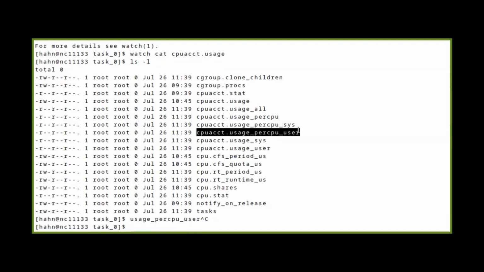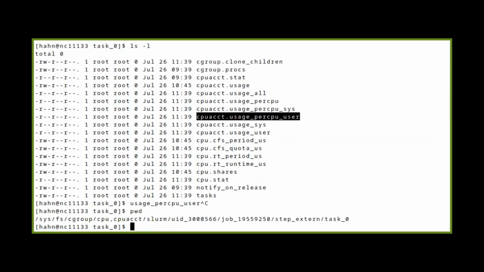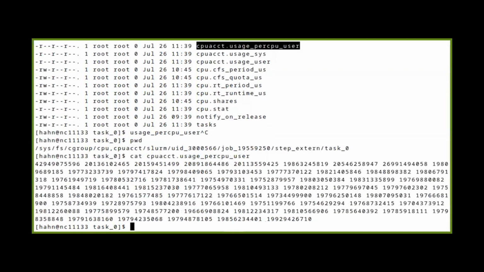So if you navigate to this terrible path, which, as you see, encodes your user ID, the job ID, and the step, as well as task (I'm not sure why task is separate from step), you could gather this information incrementally in your own program and do some sort of analytics with it.